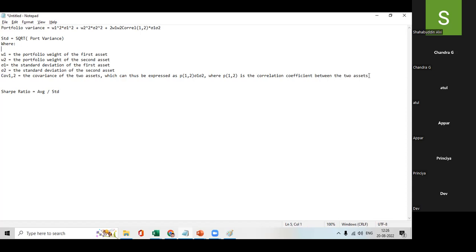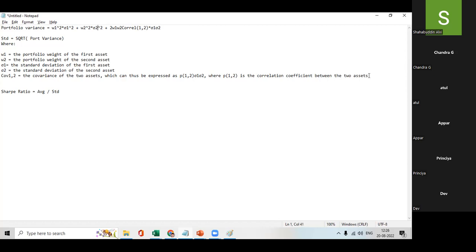Lowering standard deviation. Now, in this standard deviation equation, we added already two positive numbers, so it has become a bigger positive number. So how can you lower it? Correlation to be negative.